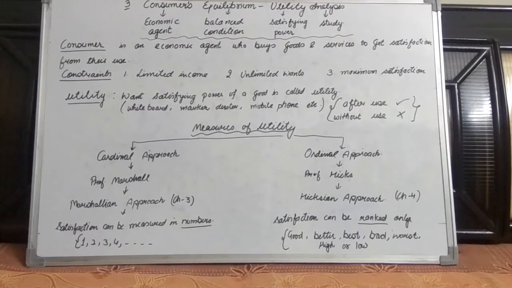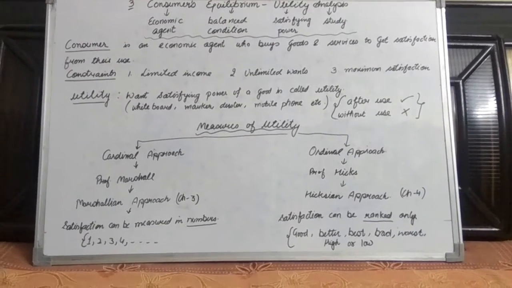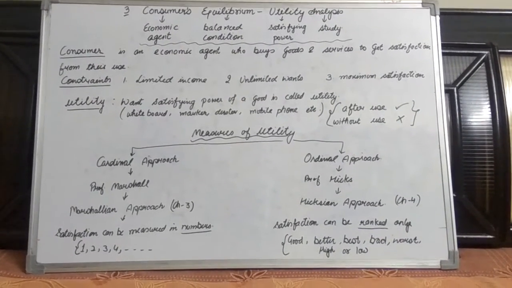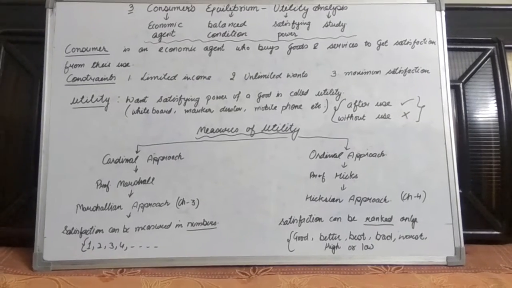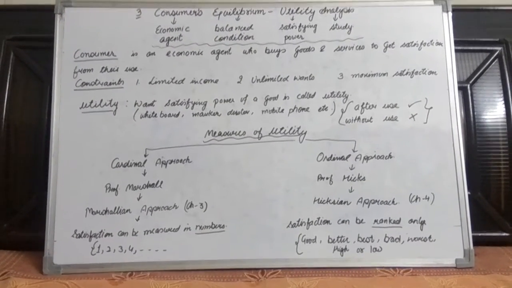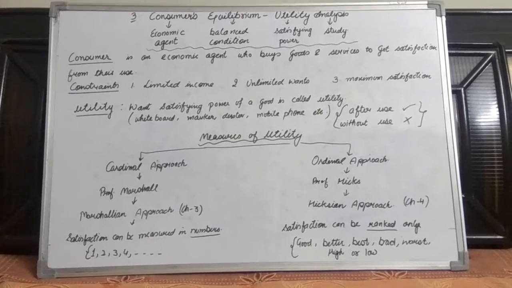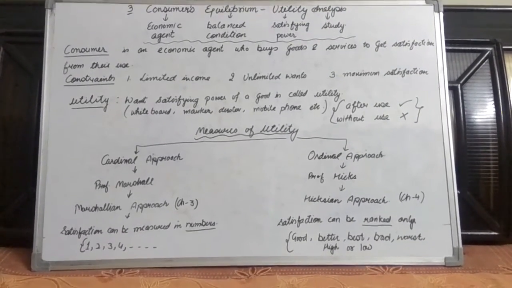According to this approach, utility can be measured in numbers, like 1, 2, 3, 4 and so on, because Professor Marshall was a mathematician, and he used mathematical formulations to deal with the policies and even models of economics.